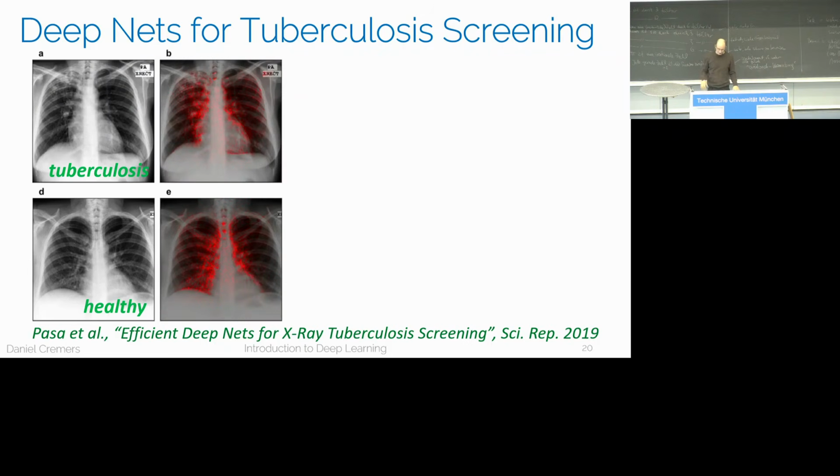But what you can do in addition, you can train a neural network to tell you which areas in the image were important for this decision process. Which areas did the machine particularly focus on when it decided between healthy and tuberculosis?